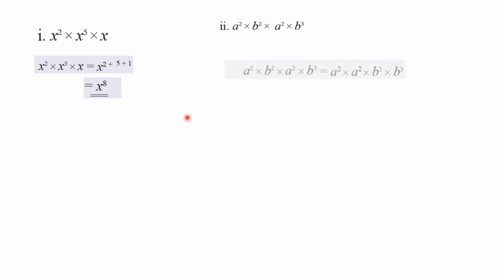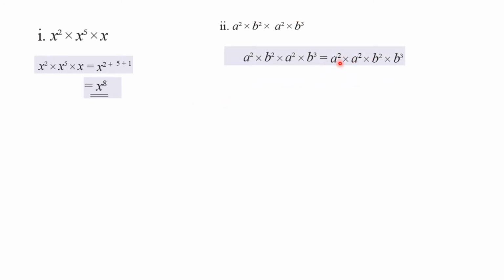So you consider a to the power 2, a to the power 2, and b to the power 2, b to the power 3. Now you add these two indices. Very easy. 2 plus 2 is 4, 2 plus 3 is 5. Finally you can write a to the power 4, b to the power 5.